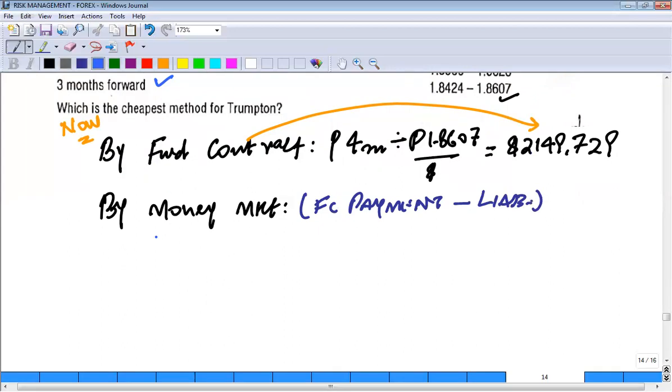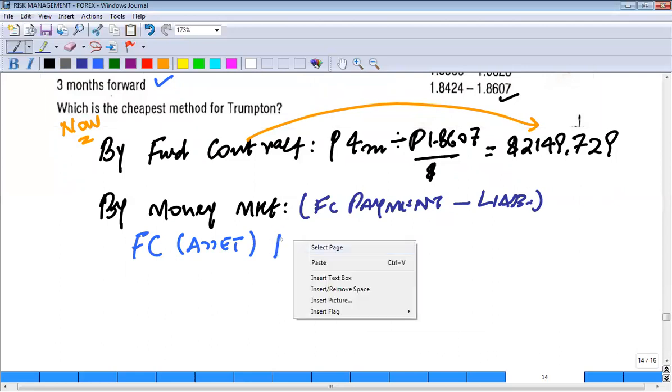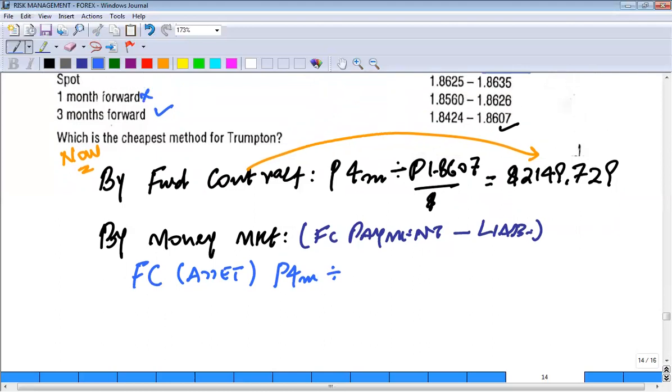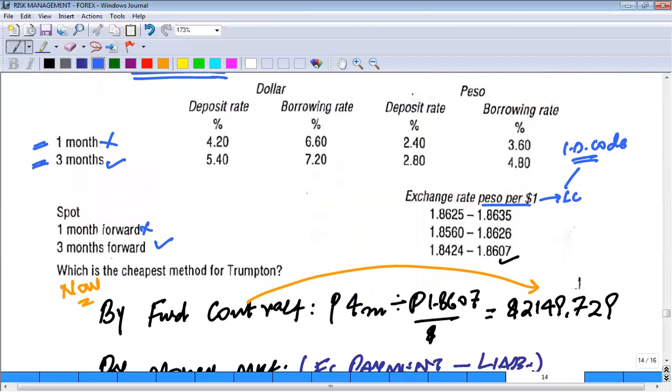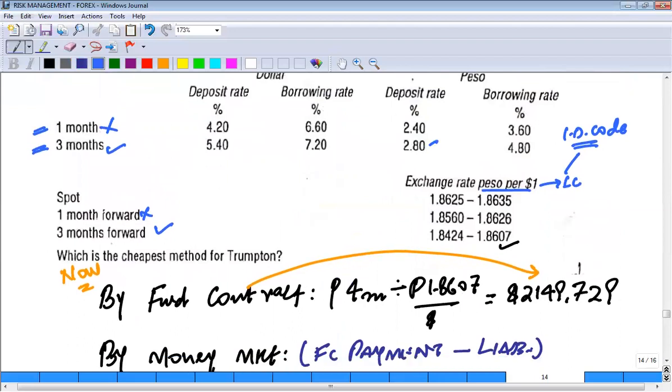So that means we have to make a foreign currency asset. How much asset of foreign currency? That is 4 million pesos. Enough pesos that will become 4 million after 3 months. Asset investment pesos rate is 2.8. If it's 2.8 per year, how much in these 3 months?